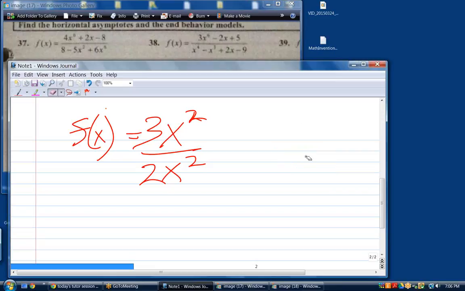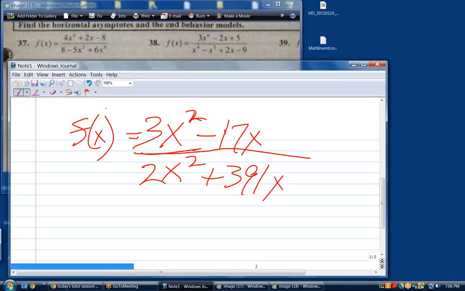And it doesn't matter what else is going along for the ride. In other words, that can be 17x, that can be 391x. Does not matter. The only terms that matter are the highest degree polynomial in the expression. You can ignore everything else.